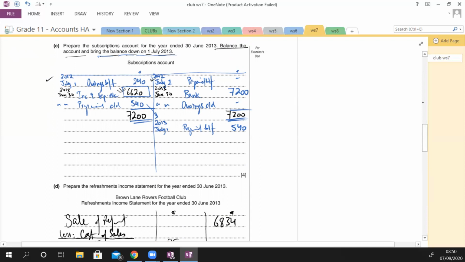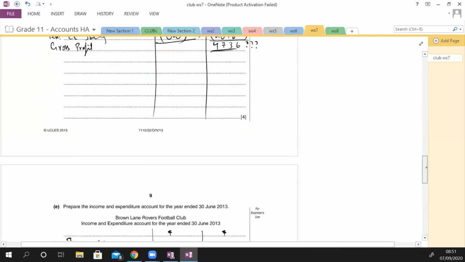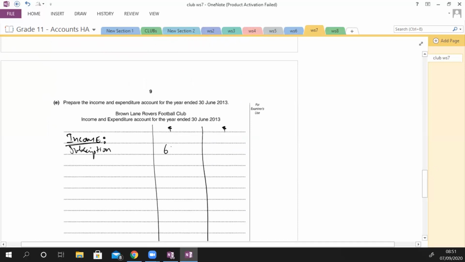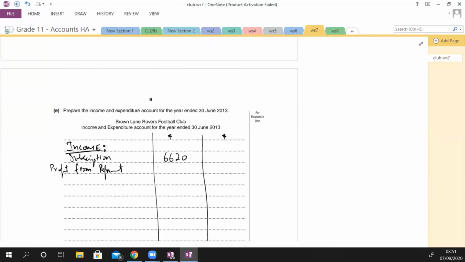The amount we calculated, we put in the ledger account. Then profit from refreshment. Refreshment profit is 4736, which we just calculated.